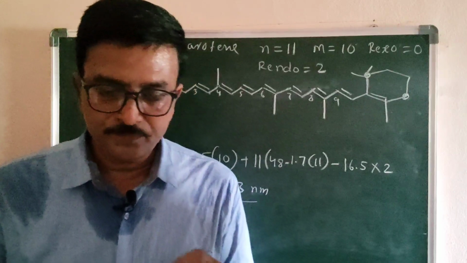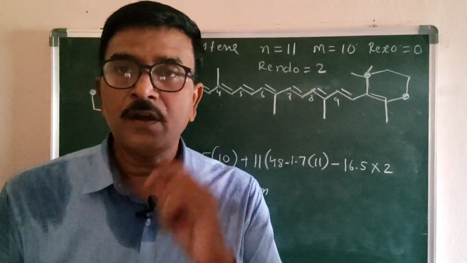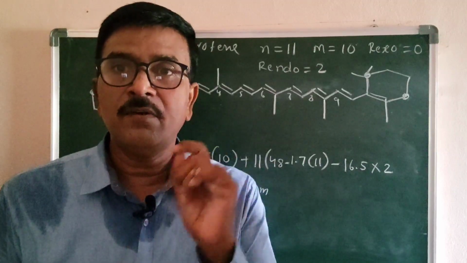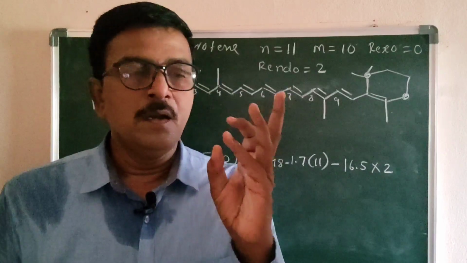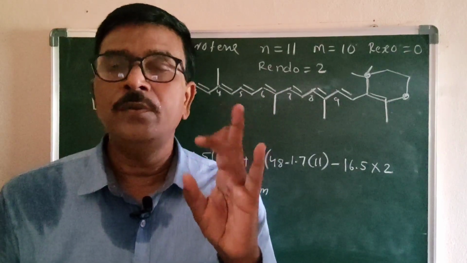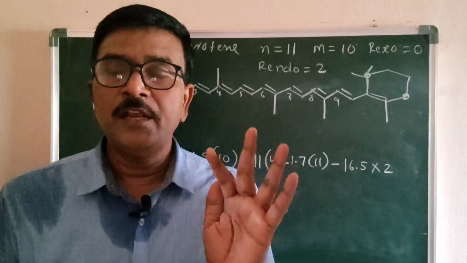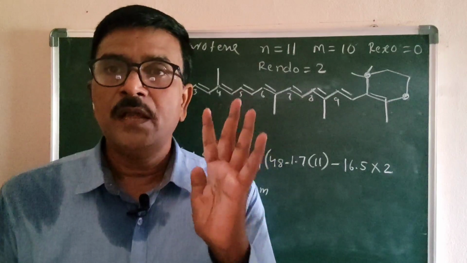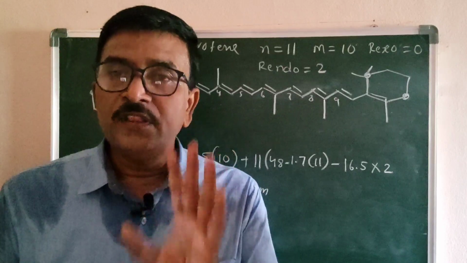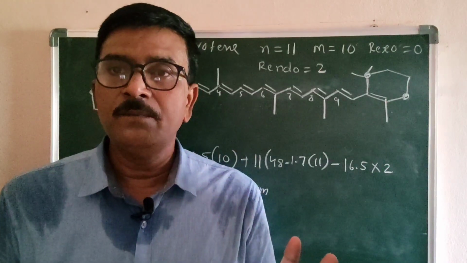Now with this, the calculation of absorption maxima for all types of compounds that we have discussed or studied, like diene and triene, alpha beta unsaturated carbonyl compounds, benzene and its derivatives, diketones, polynuclear aromatic hydrocarbons as well as polyenes. So according to your syllabus, the calculation of absorption maxima part is completed.